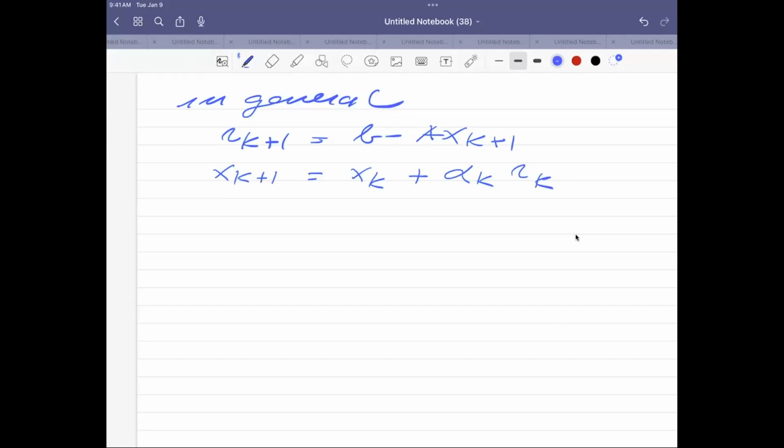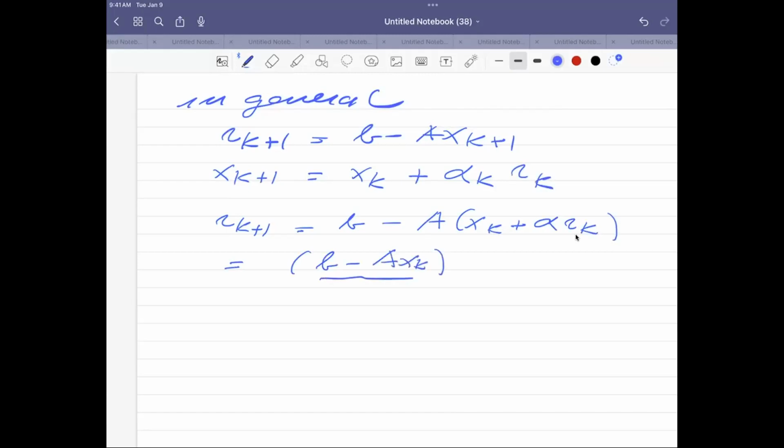So if I use these two expressions, I can actually rewrite this R(k+1) in terms of B, and then I have minus this matrix A, and then I have x(k) plus alpha times R(k), which again, I can rewrite as B minus A times x(k).